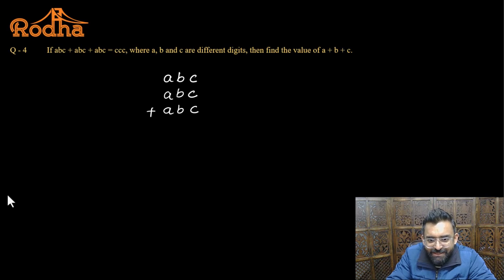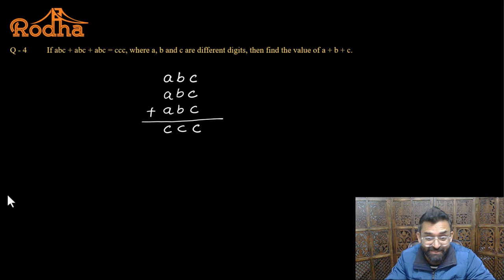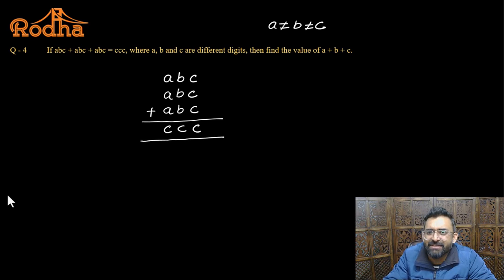If you add this, it's going to be C, C and C. Symbols are specifically given, so we have to understand that C is representing the same digit everywhere, B is representing the same digit everywhere, A is representing the same digit everywhere. And A, B, C are different digits, so A is not equal to B, is not equal to C. Now just think, the question is asking for ABC, we'll figure it out.